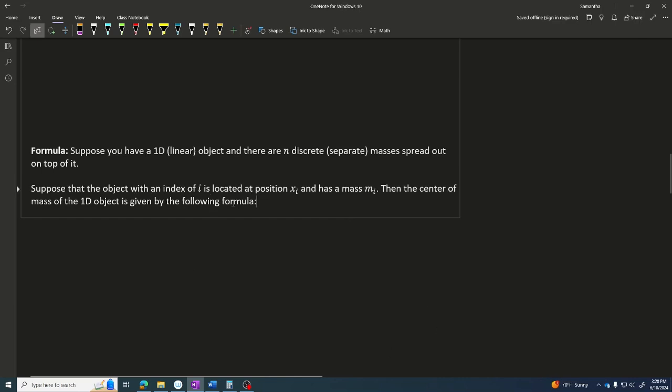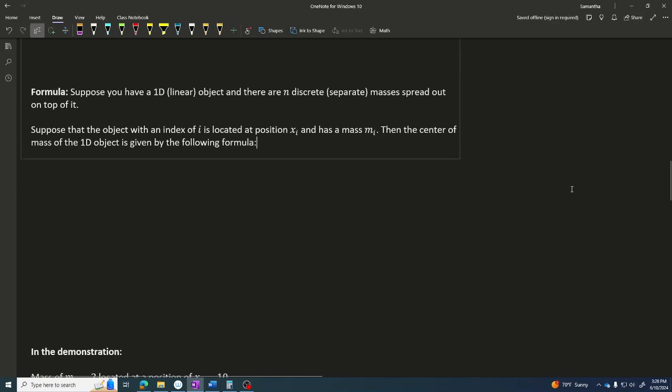Let's just generically call it i. And the position of object i is going to be called x with a subscript of i. And the mass of object i is going to be called m with a subscript of i. If you have this notation, then the formula for the center of mass of the one-dimensional object is given by the following formula.